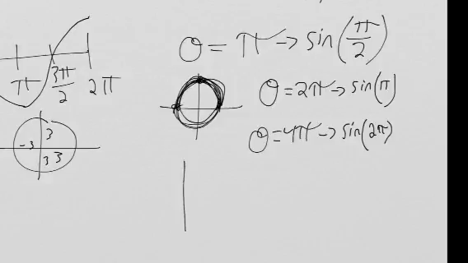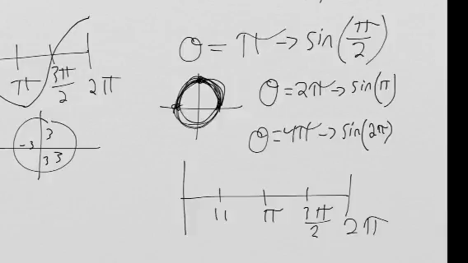So let's see what this is going to look like. We're still going to start at 0. Here's 2 pi. Here's pi. Here's 3 pi over 2. Here is pi over 2. And then here's 1, negative 1. Still starting at 0. But now when we're at pi, we're actually at pi over 2, as we saw up here.